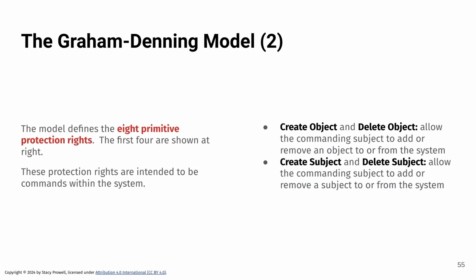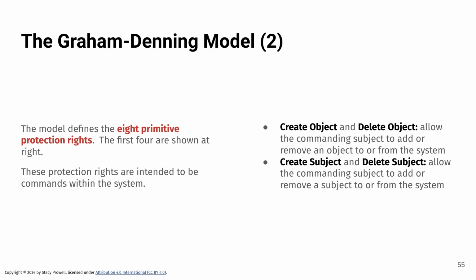The model defines 8 primitive protection rights. So this is where it begins to define what it means by protection rights. And 4 of them are over on the side here. And I think they're pretty obvious. Create and delete object, create and delete subject.